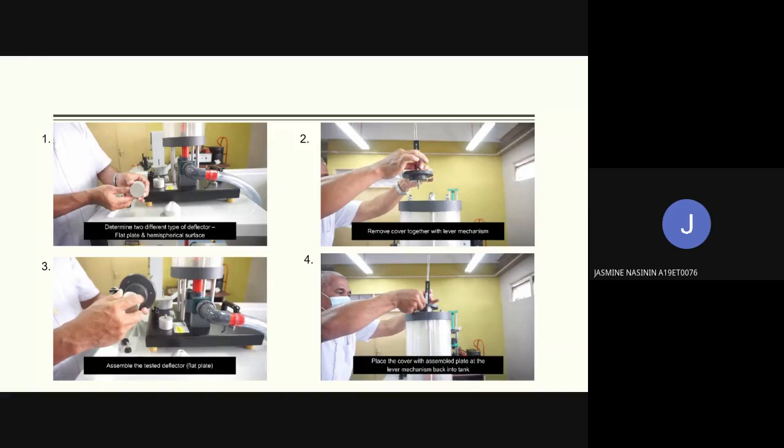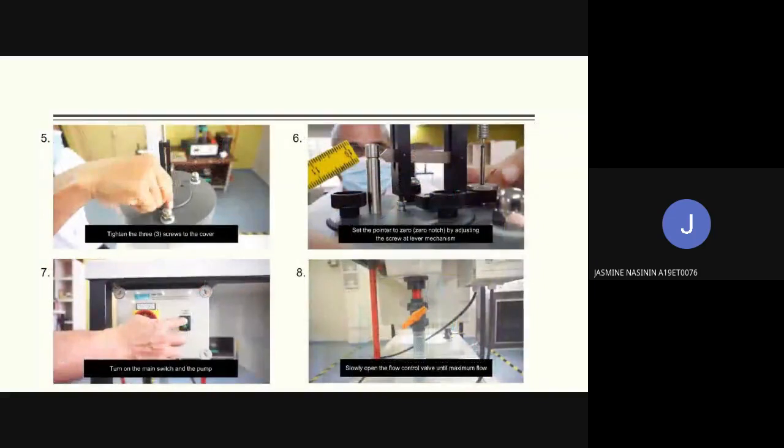The fourth step is to place the cover with the assembled plate and lever mechanism back into the tank. Next, we tighten the three screws to the cover and set the pointer to 0 by adjusting the screw at the lever mechanism.